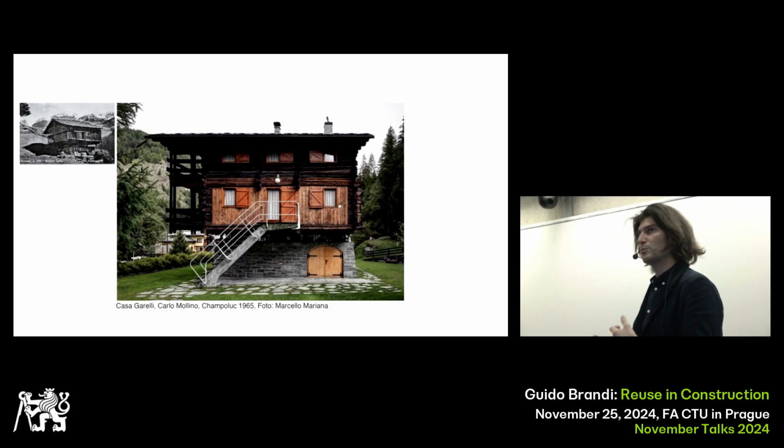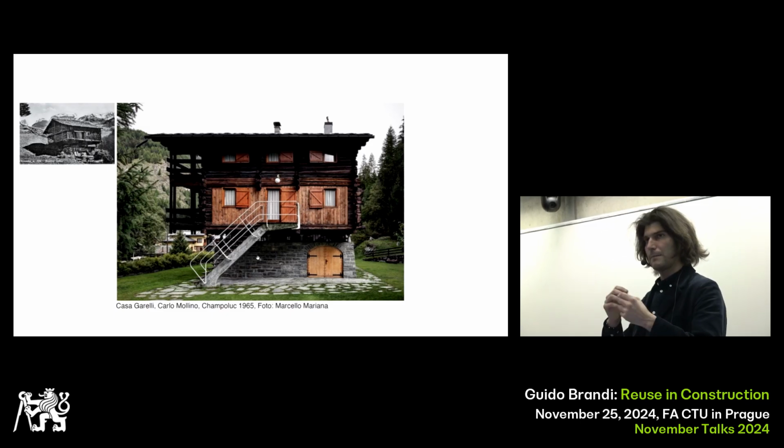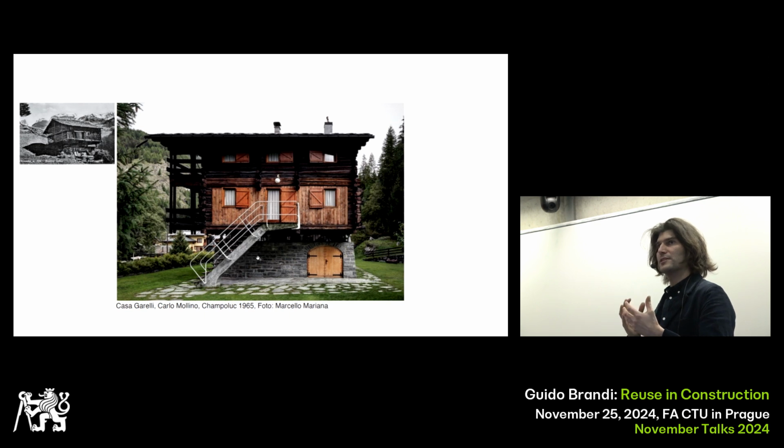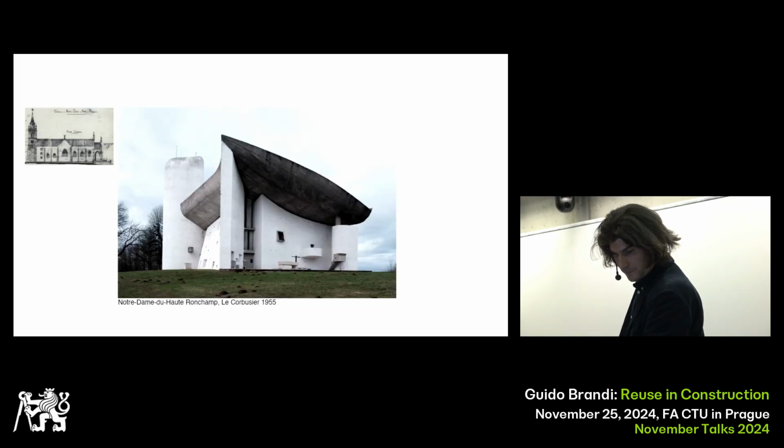So what does it mean to work with reused elements? You want to show what the old parts are. You want to differentiate and show the new parts. And it was interesting to see for us that this was developed also with wood elements.